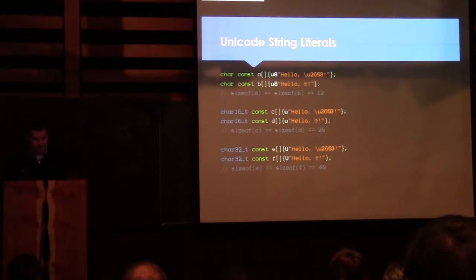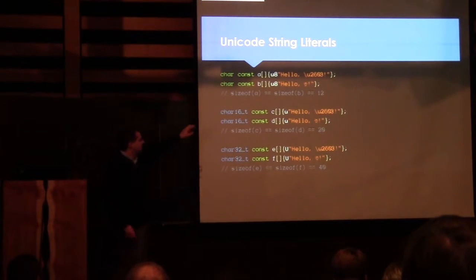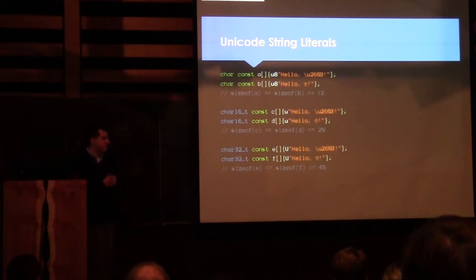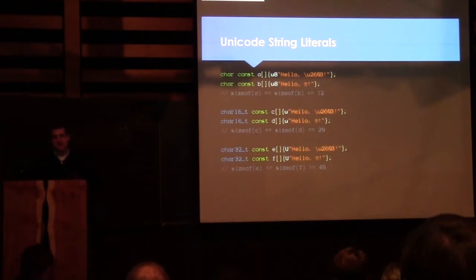And a capital U means it's a UTF-32 string literal. You can represent Unicode characters outside of the normal set of English characters either using universal character names with the \u and then the code point number, or, if your compiler supports it, you can just put the characters into your text.